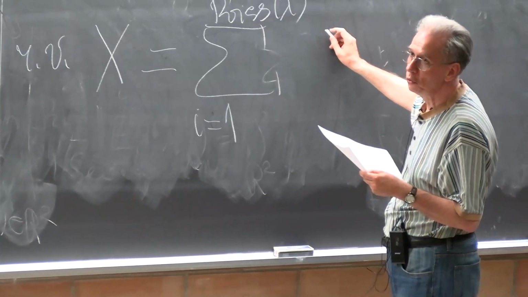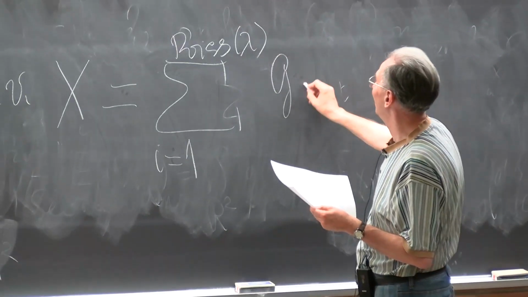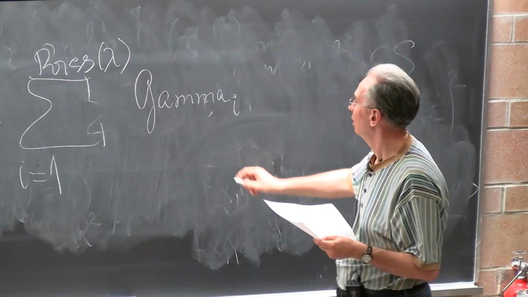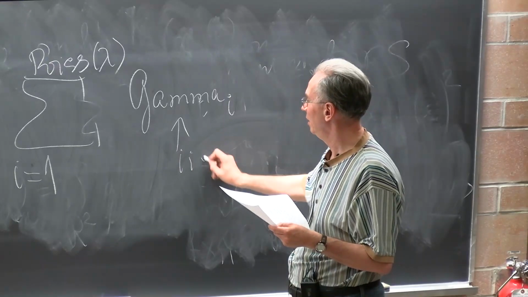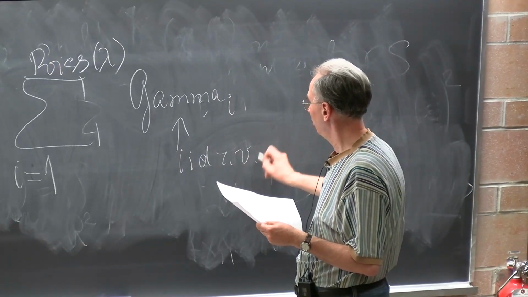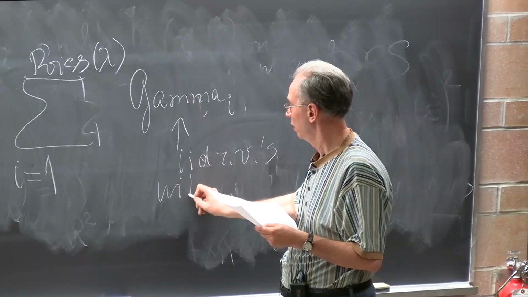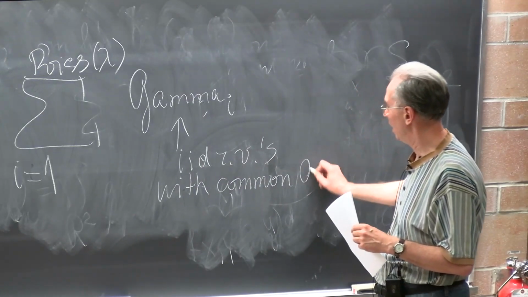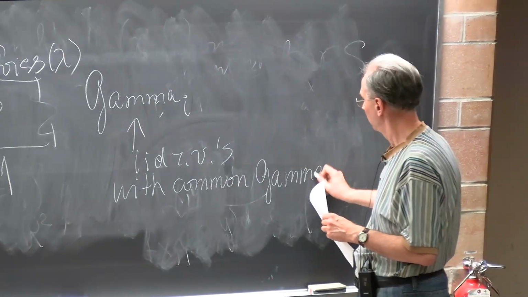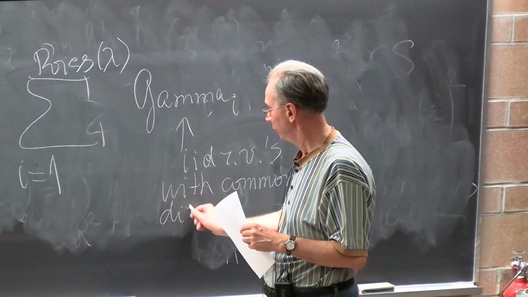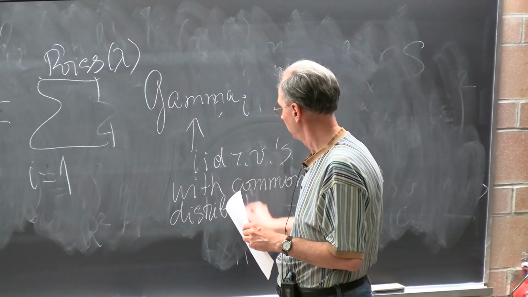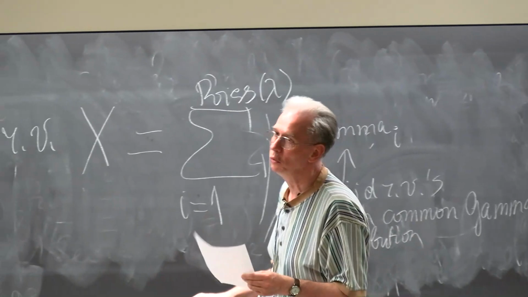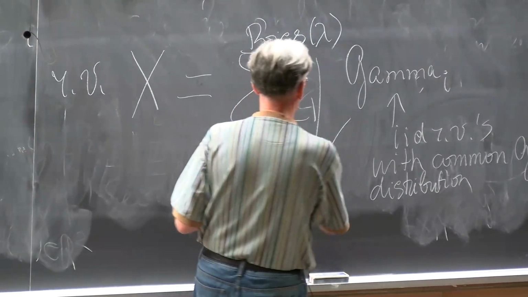But then what you do, you add up gamma random variables, which are IID random variables with common gamma distribution. And the gamma i's and the Poisson are also assumed to be independent.